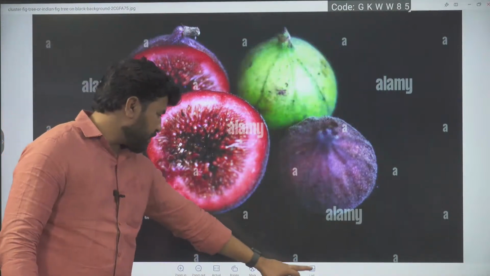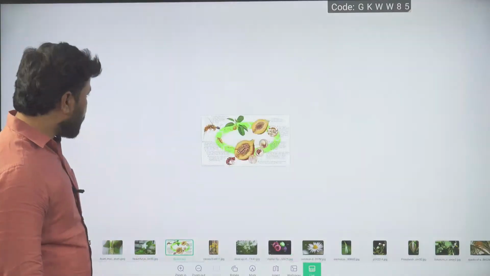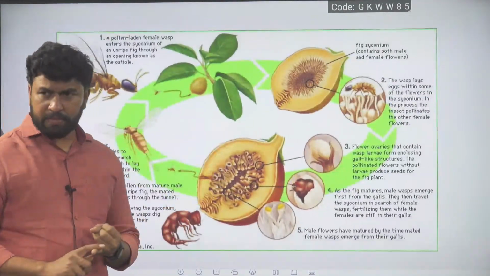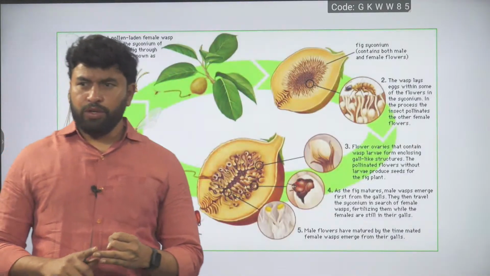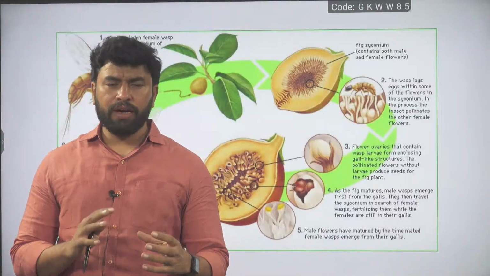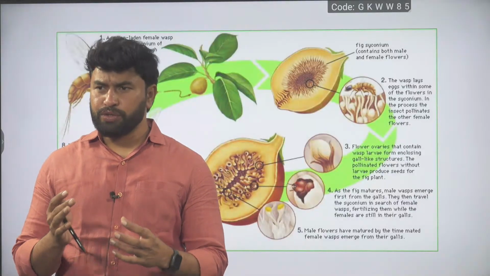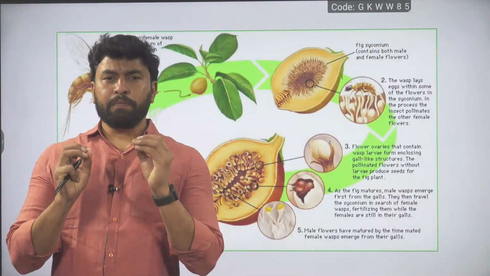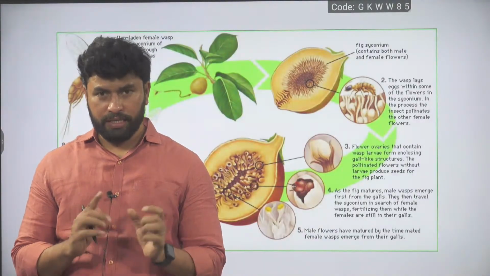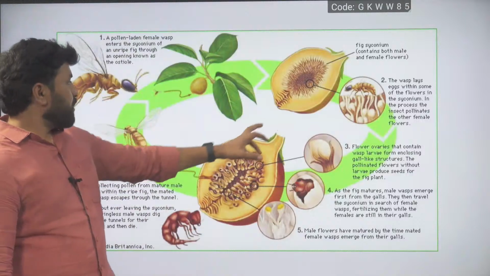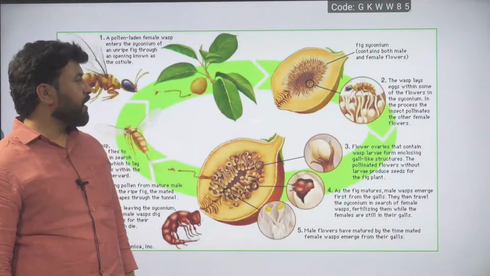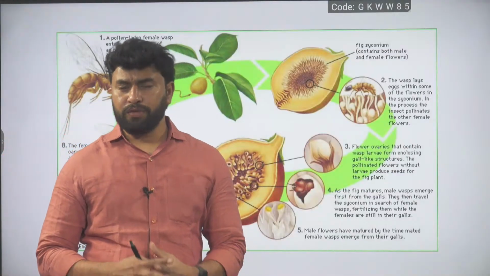Exactly what happens there? Look at this. The fig fruit has male flowers, female flowers, and neuter flowers. Neuter flower means the flowers do not have any androecium and gynoecium, but they have petals and sepals. Such kinds of flowers are called neuter flowers. In the fig fruits, there is an entry of a wasp, generally called Blastophaga.